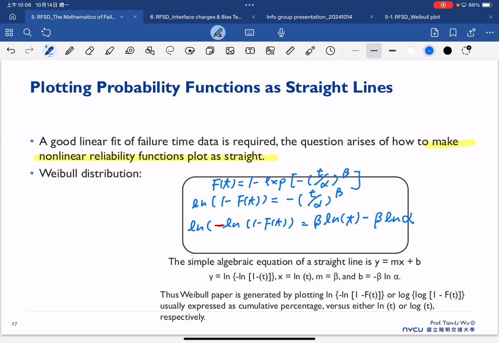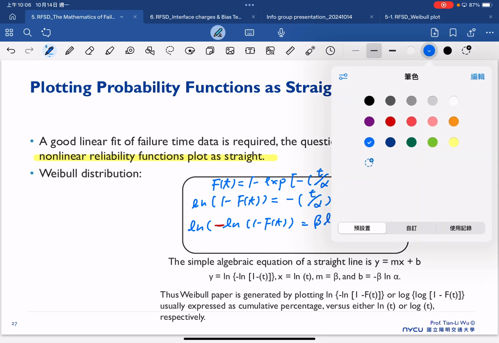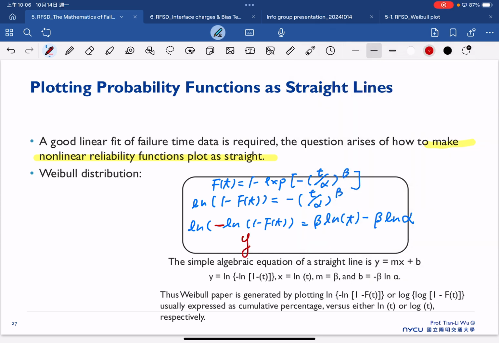So now if we consider the left-hand side as y and the right-hand side as mx plus b, that means x is equal to natural log t, m is beta, and b is equal to here.